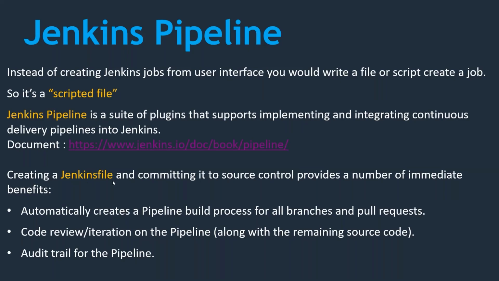Creating a Jenkinsfile and committing it into source code control provides a number of immutable benefits. So what we usually do is create a Jenkinsfile, a list of the steps you need to follow, and commit it into the source code management. So whenever you commit into source code management, your Jenkins pipeline also becomes part of your source code management.